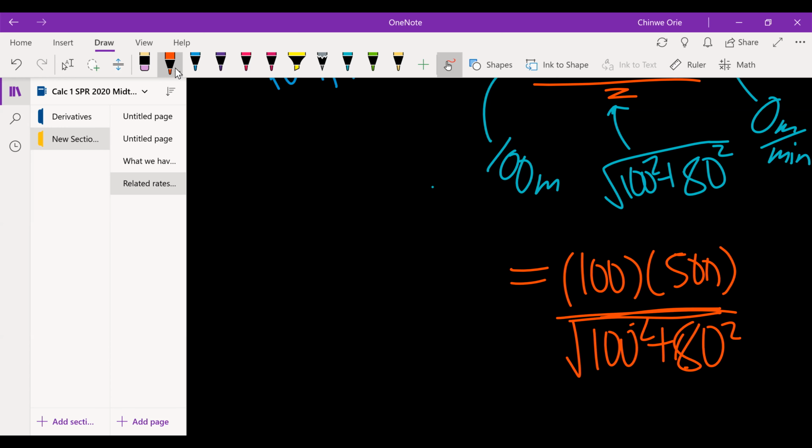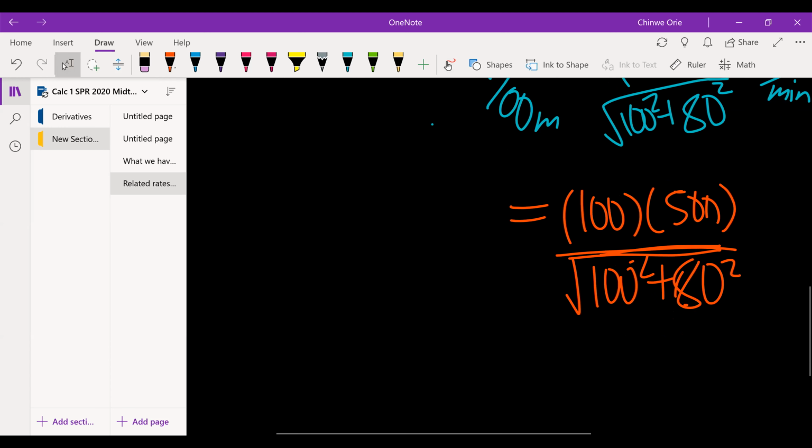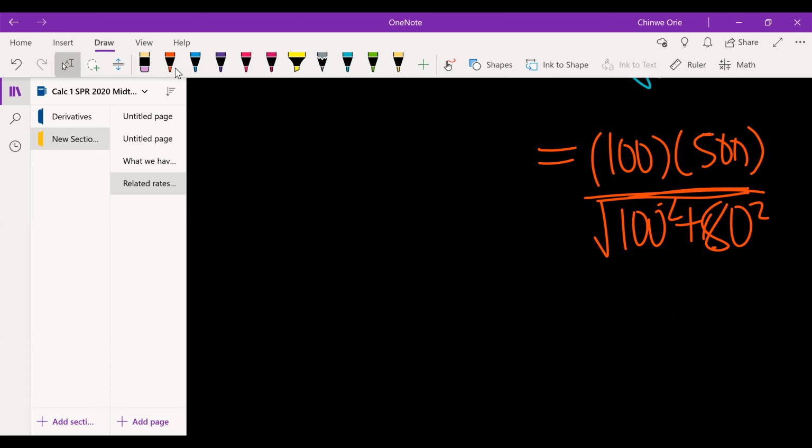And I think at the end of that, your calculator can confirm, you should get a value of, check me on this if my calculator is right, 390.4 meters per minute.